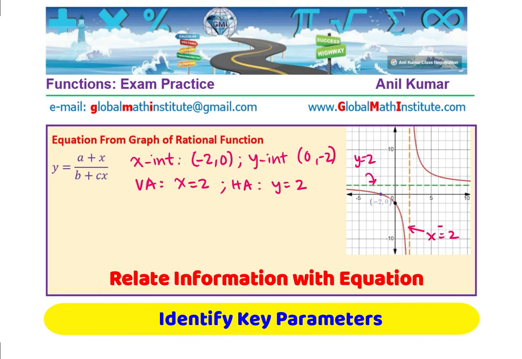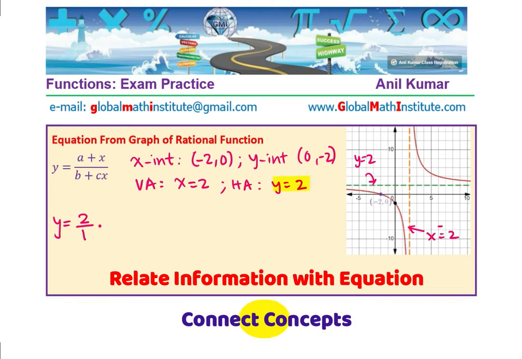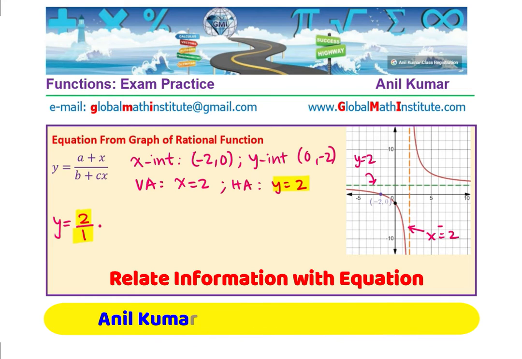If the horizontal asymptote is at 2, that means the ratio of leading coefficients has to be 2 over 1. So we can say y equals 2 over 1, which we get from the horizontal asymptote. Then we have the x-intercept at minus 2.